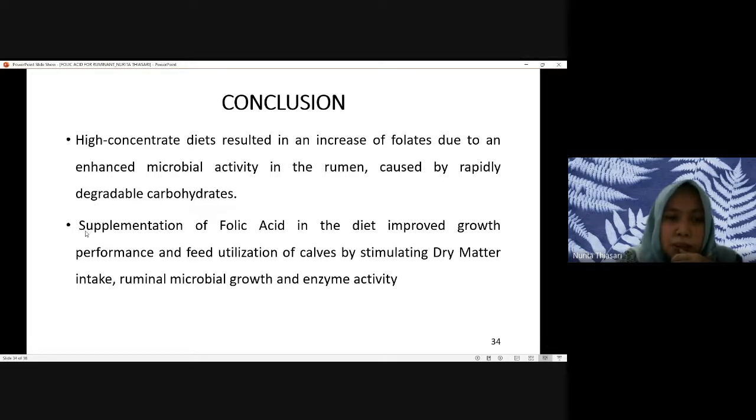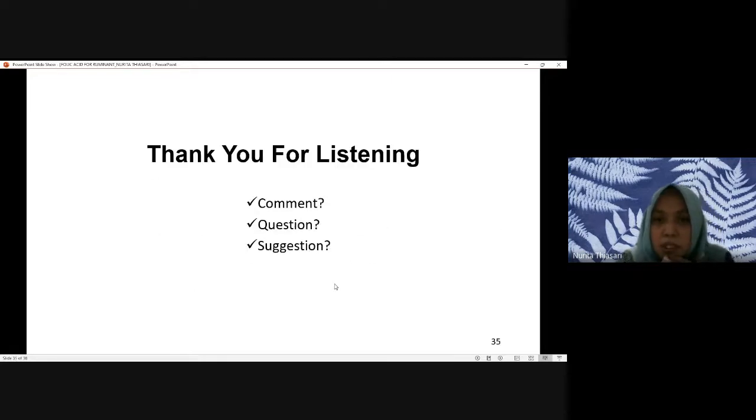And the second conclusion, supplementation of folic acid in the diet improves growth performance and feed utilization of calves, because the research I found is almost all in calves, by stimulating dry matter intake, ruminal microbial growth, and enzyme activity. This is my last presentation.